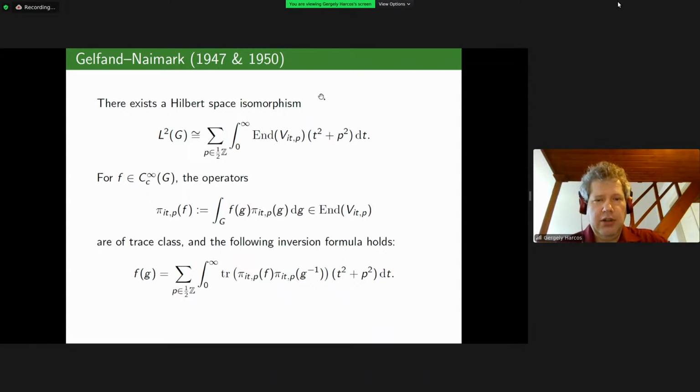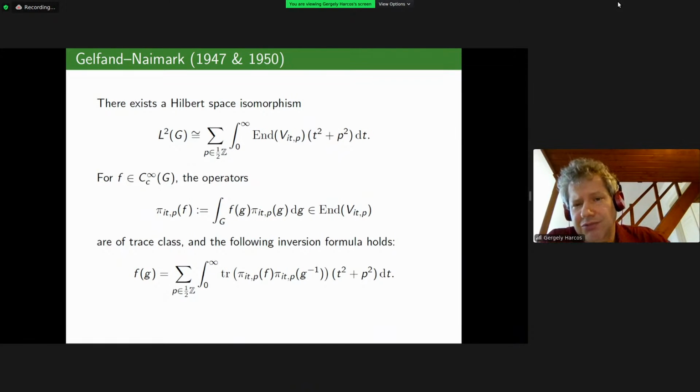So the L2 space of G decomposes into these full infinite dimensional matrix algebras, endomorphisms of V(it, p), with respect to a measure that is proportional to t squared plus p squared times the Lebesgue measure for t.